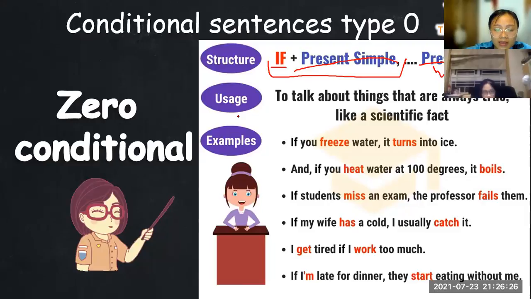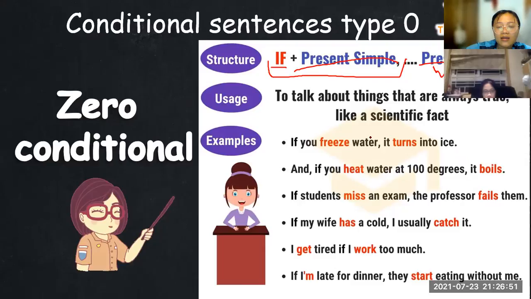Và chúng ta sử dụng zero conditional này để talk about things that are always true, like scientific fact. Nói về những sự thật, những việc mà nghiên cứu một cách hiển nhiên là đúng như vậy rồi. Ví dụ này, if you freeze water, it turns into ice.